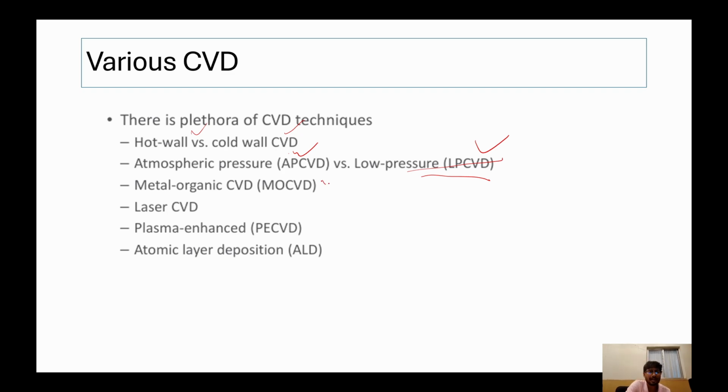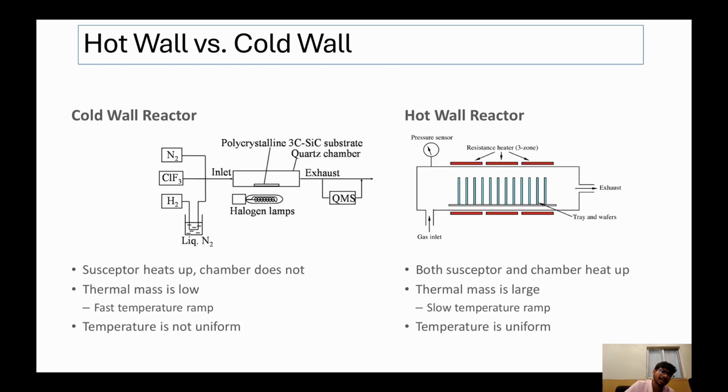There are MOCVDs, laser CVDs, plasma enhanced CVD, and atomic layer deposition techniques as well. So further we will see atomic layer deposition today, how it is different from chemical vapor deposition, and what the advantages of atomic layer deposition are over chemical vapor deposition. Now let us see hot wall versus cold wall CVD.